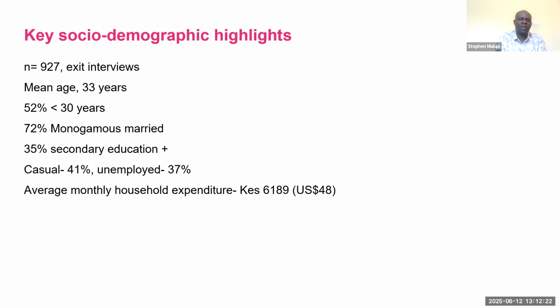And in terms of occupation, majority were either casually employed or unemployed. When you put those two together, it's about 78%. That tells us that they are highly dependent on other people, for example, spouses or partners, for decision-making to go to the facility. Average monthly household expenditure was 6,189. I leave it to the audience to gauge who here can survive on $48 in a month. You pay rent, food, and all other things on $48.